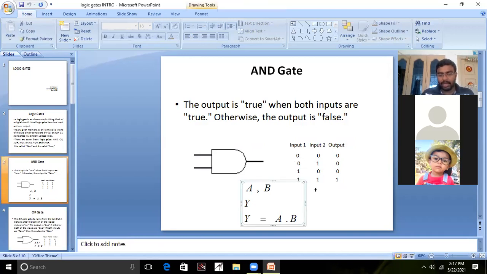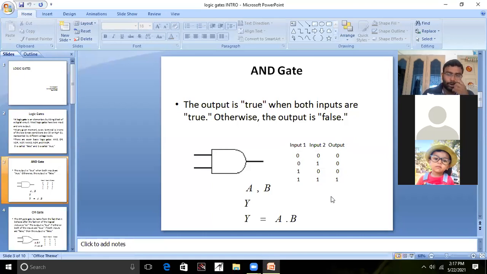Whenever I have the two inputs high, A equal to 1 and B equal to 1, only in that case your output will be high. For the remaining cases, your output will be low in the AND gate. That is how you need to explain the truth table for the AND gate. Whenever the two inputs are high, the output will be high. For the remaining three cases, the output is low.